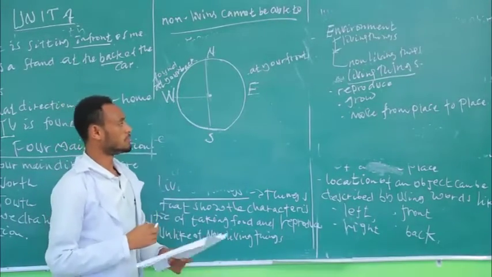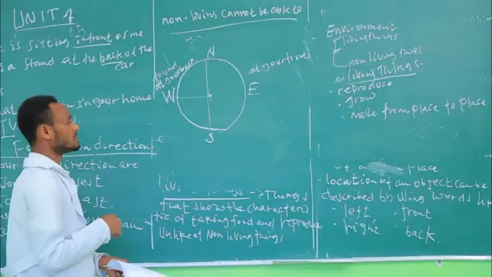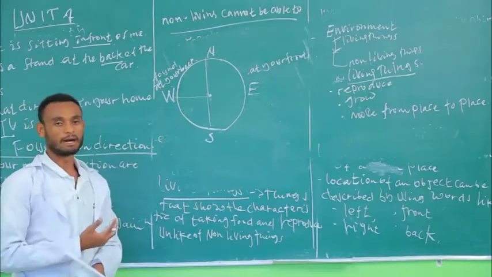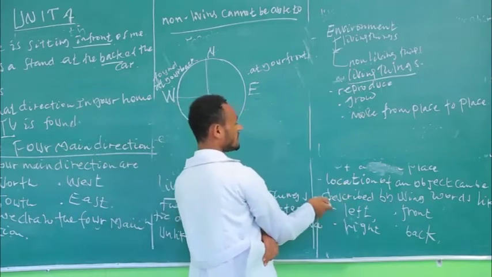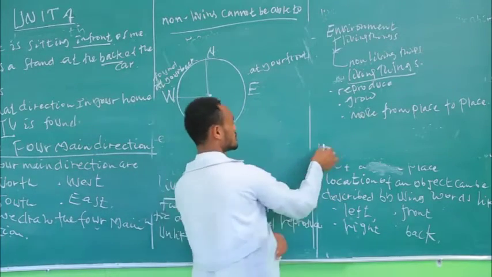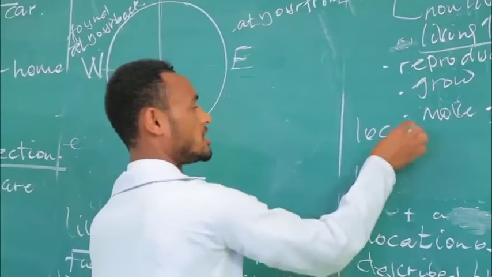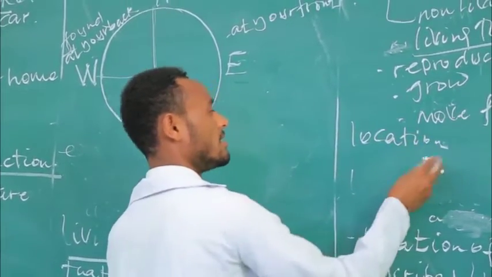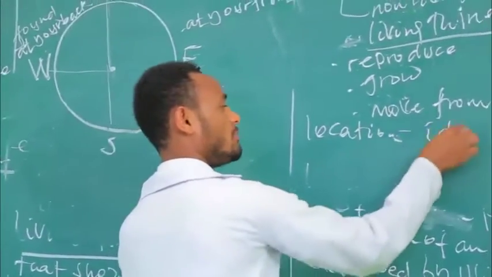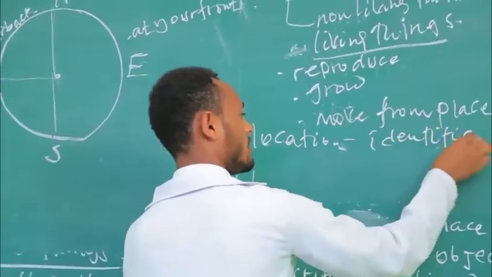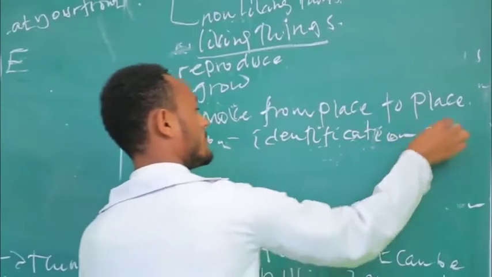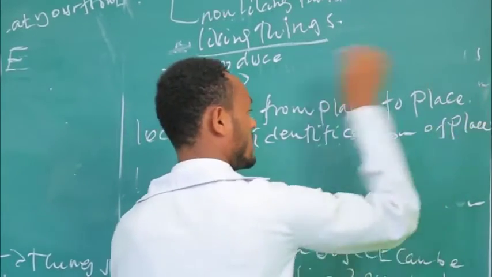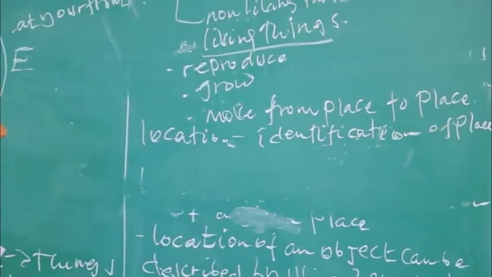We have also seen about direction and location. We said location is the identification of places.